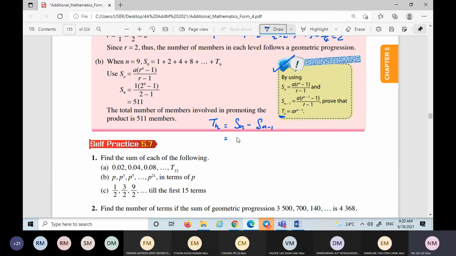So Sn, we copy the formula given. If you want, you can copy the solutions. Minus Sn minus 1, same thing. We follow the formula given. Now the problem is how we simplify it until we get this a r to power n minus 1.